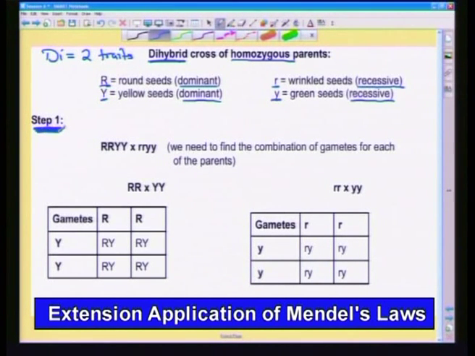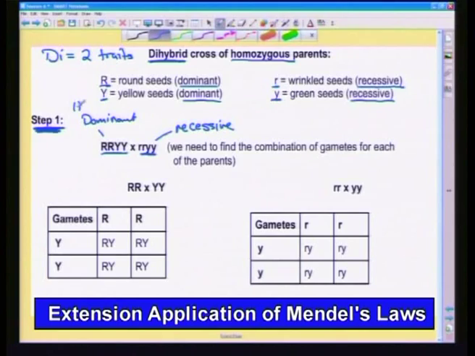This is step number 1 because there are 2 main steps. Step number 1, you are going to have a parent that is homozygous for the dominant characteristics and another homozygous for the recessive characteristics. So that will be recessive, and this is going to be dominant.